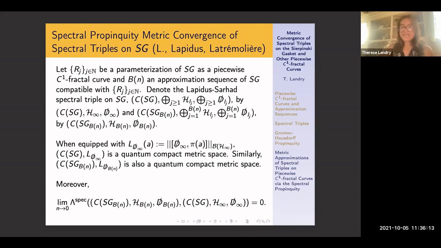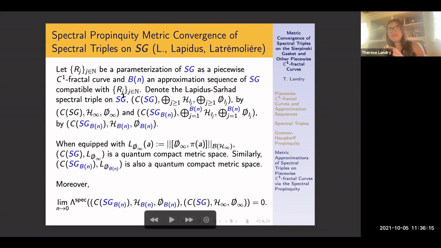So here's where I've highlighted: the arguments work beyond the Sierpinski gasket for any piecewise C1 fractal curve. What this means is, because our arguments apply to any piecewise C1 fractal curve for which we can define an approximation sequence with all the things in our definition, we can consider more complicated fractals in the Sierpinski gasket or the harmonic gasket.